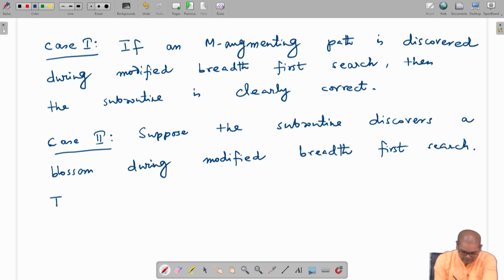In this case, the subroutine replaces M with another matching M prime of same cardinality.